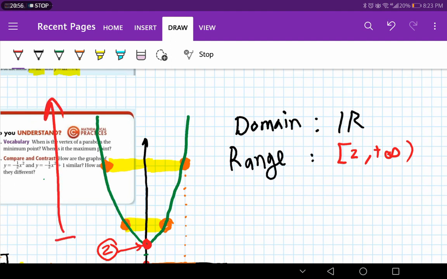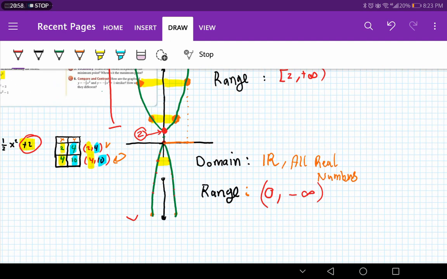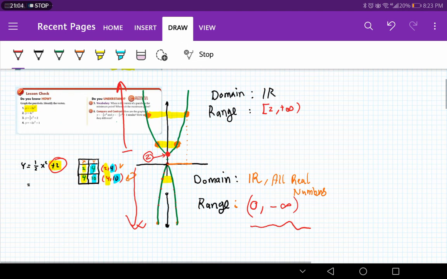So teacher, if I move down, I get negative infinity. And if I move up, I get positive infinity. Yes. So I will start the range from the vertex. Here I start from 0, and here I started from 2.